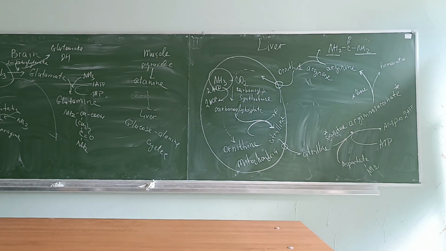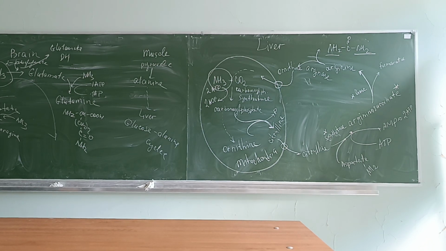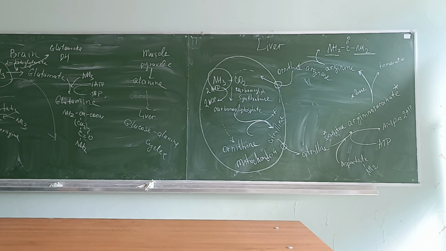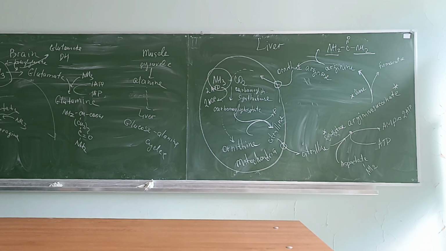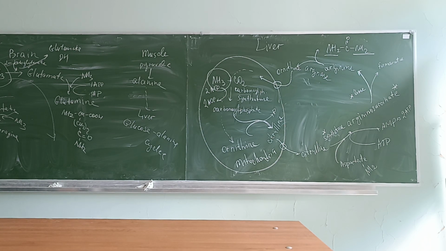Urea from the liver will transfer into blood, be filtered by the kidney, and we will excrete it by urine. Increase of urea concentration in blood shows us kidney failure. Every time students make a mistake: when I ask what organ will suffer if urea concentration is high, almost all say liver.